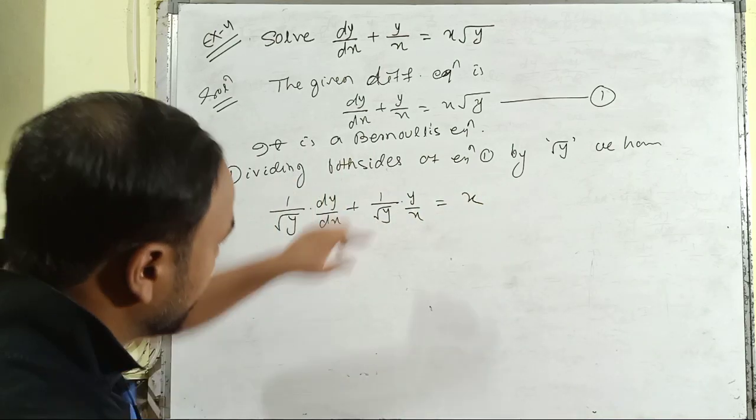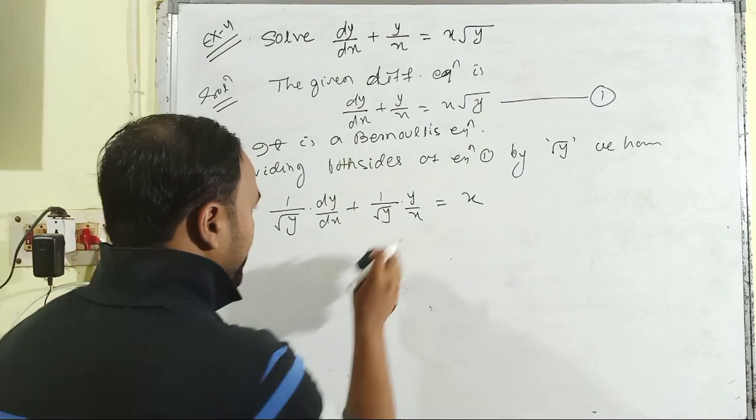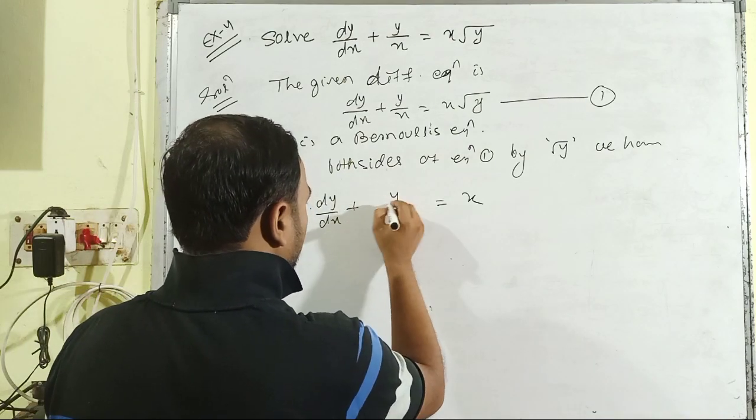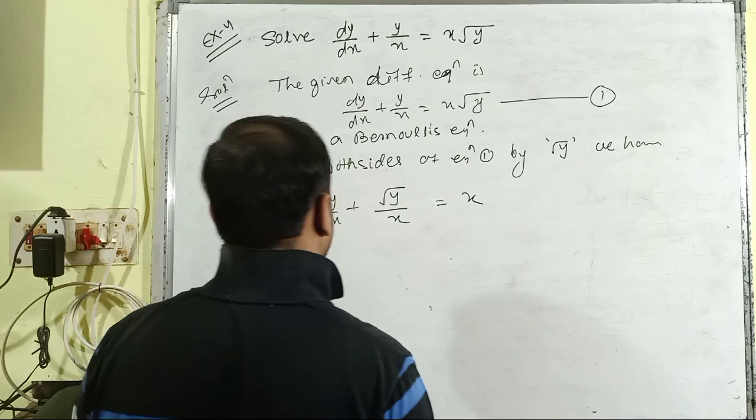Then just simplifying this step here, we can have square root of y divided by x.